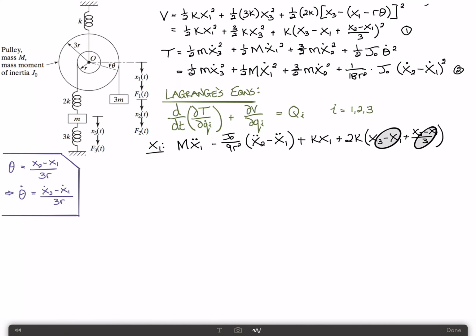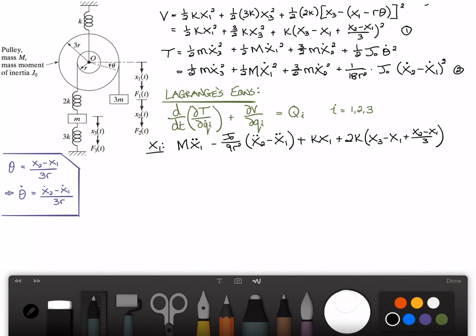The derivative of this gives me minus a third. Minus 1 minus a third is minus 4/3. Okay, and just to save space, I'm going to multiply the 4/3 by 2, which gives me minus 8/3, just to make it a little bit more compact.